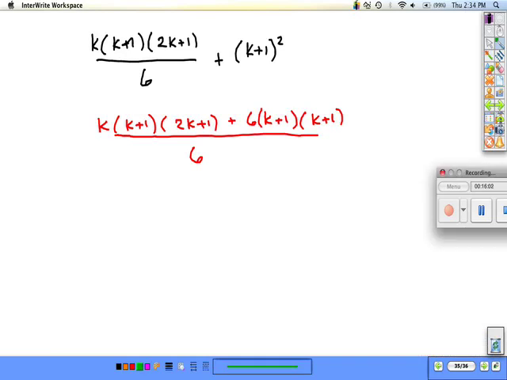If we think about this as having two terms, each of these terms have a k plus 1 in them. So I'm going to factor that out, and I'm left with k times 2k plus 1 plus 6 times k plus 1. And now I'm just going to expand out.